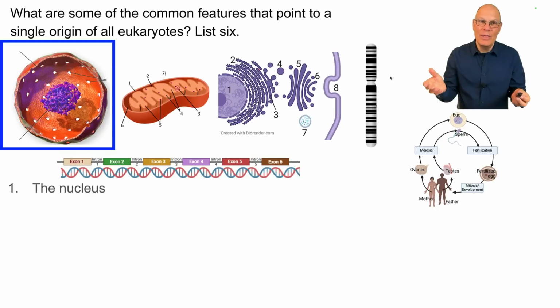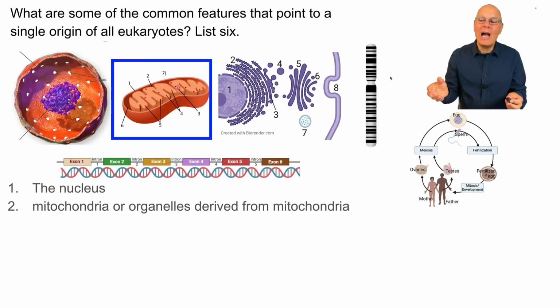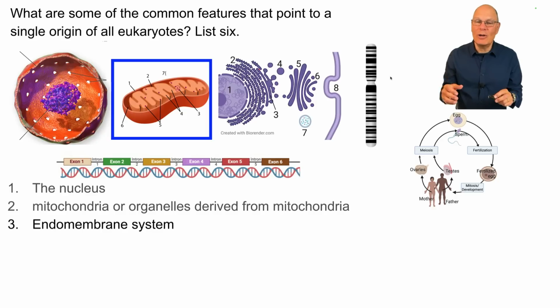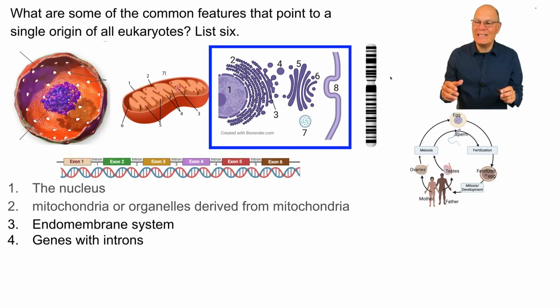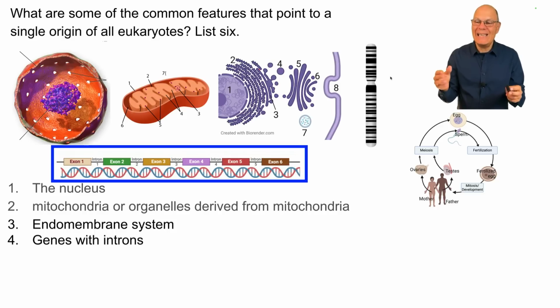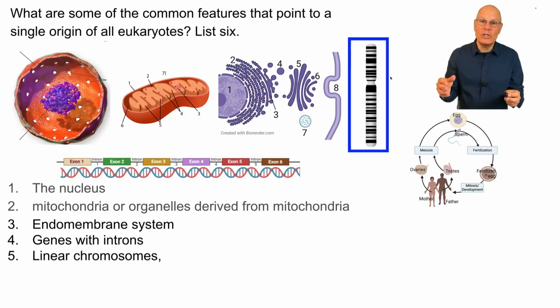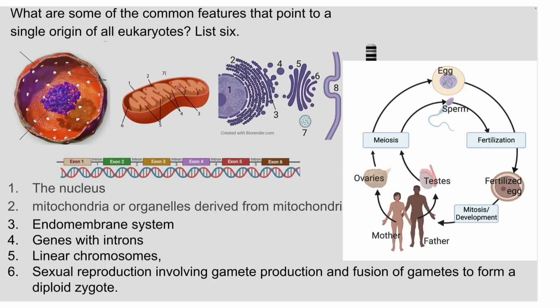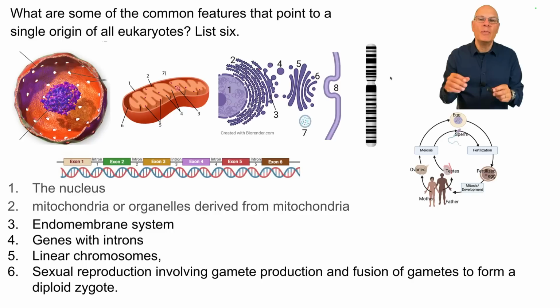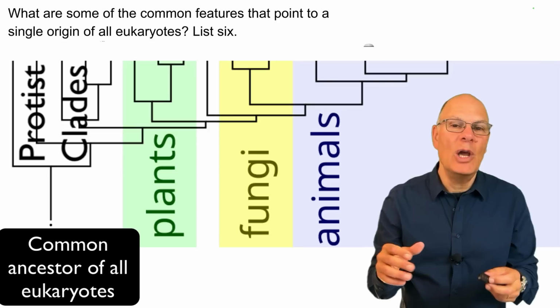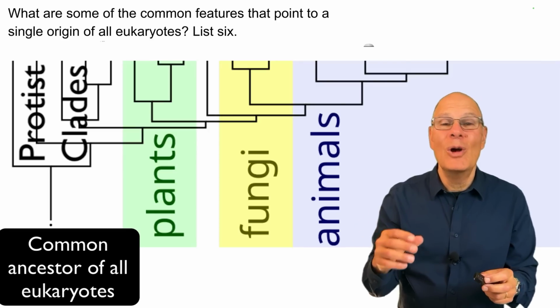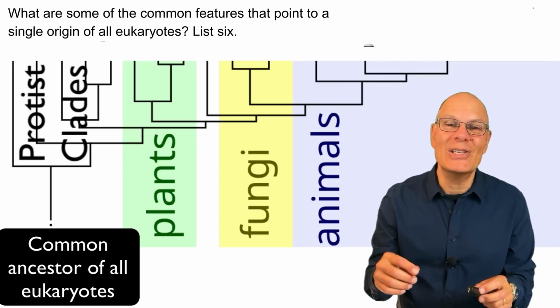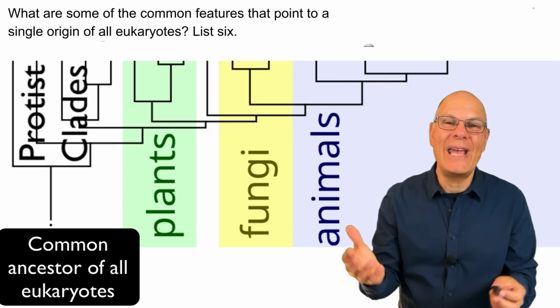These include the presence of a nucleus, mitochondria or organelles that are derived from mitochondria, the endomembrane system, genes that possess introns, linear chromosomes as opposed to the circular chromosomes of prokaryotes, and sexual reproduction involving gamete production and fusion of gametes to form a diploid zygote. These are features shared by all eukaryotes. They indicate common ancestry. We're cousins to all the eukaryotes. We're cousins to all life, but we're closer cousins to those in our domain, Eukarya.